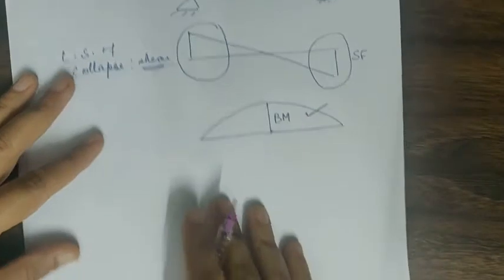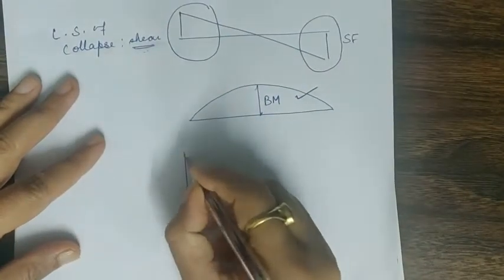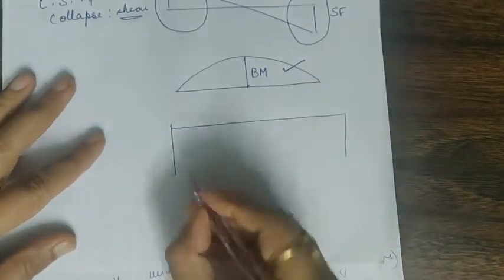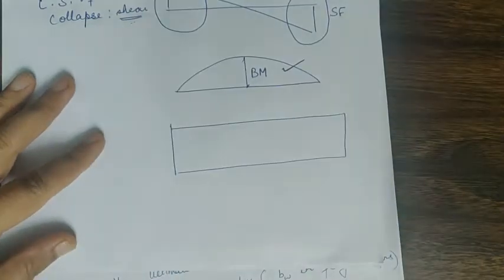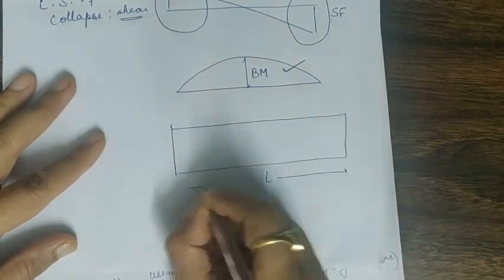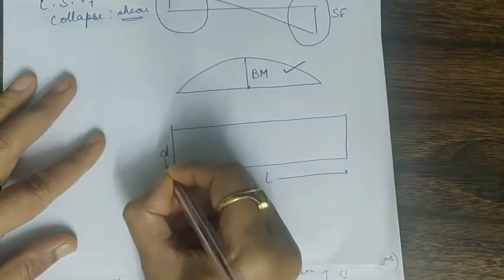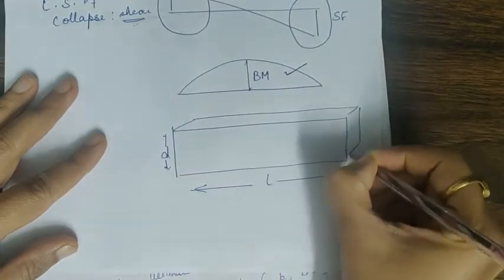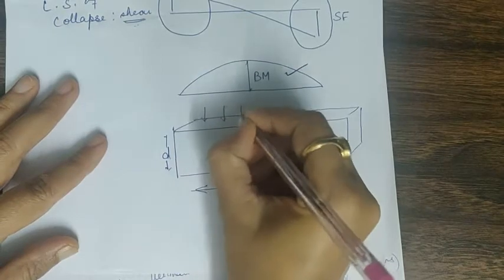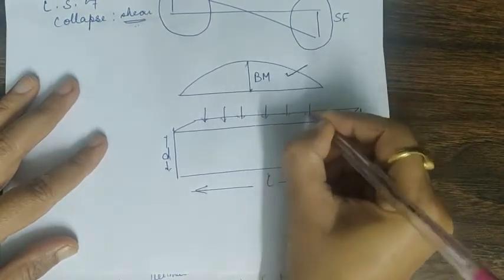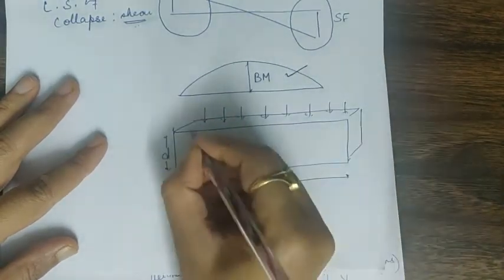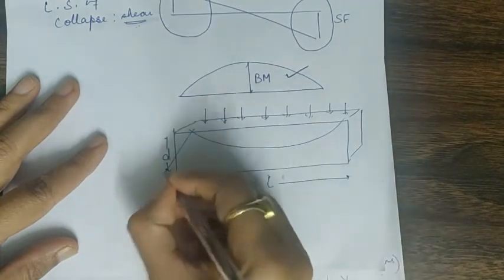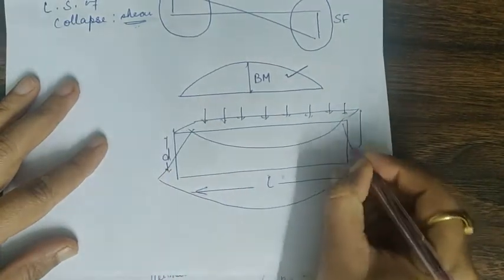Now what happens if we are basically drawing the beam? This is the length of the beam, this is the depth of the beam, and this is the width of the beam. Now when the load is applied on this beam, the beam is going to deflect like this, isn't it?